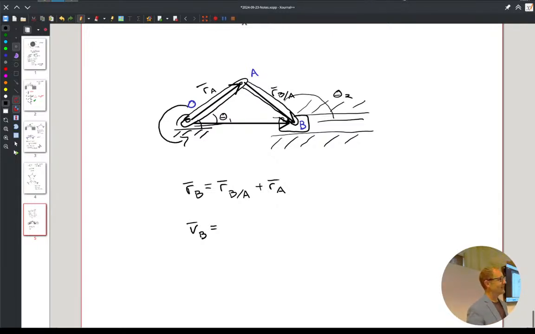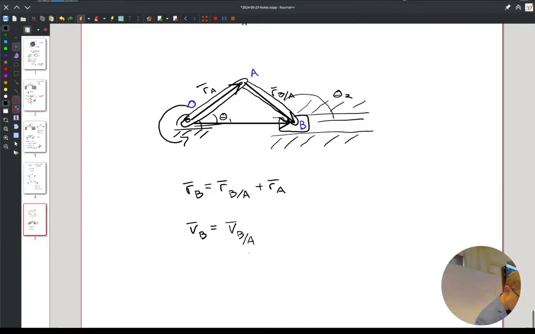Would it also be like the velocity of B with respect to A? Just the x component? Yeah. Because it looks like it's just going to move in the x direction. Oh, that it's going to move left and right? Oh, I see.